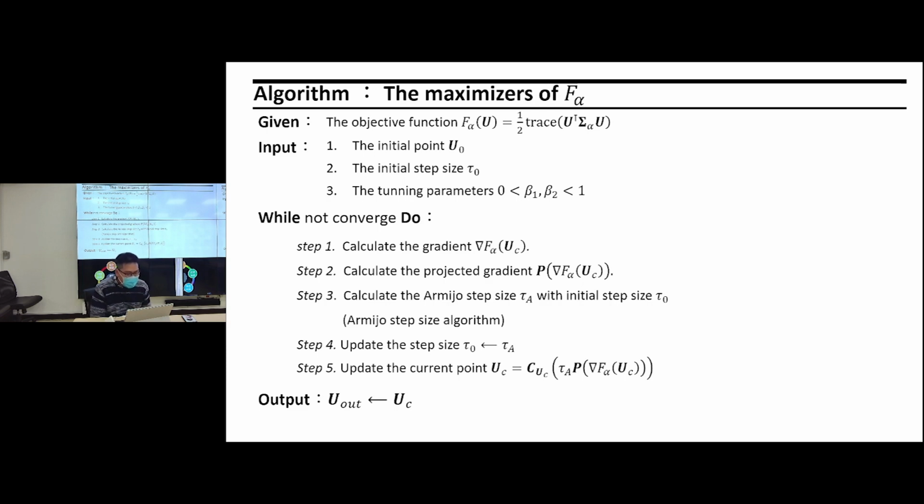We update the step size by tau A, and update the current point by this equation. Then we get the output U, which we believe is equal to U star, that maximizes our objective function f alpha.